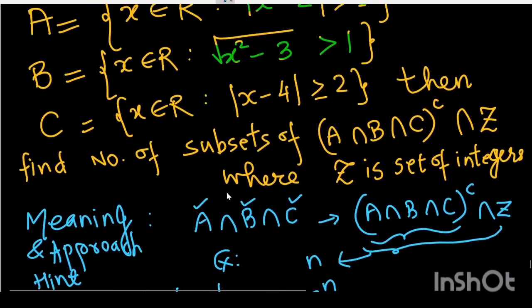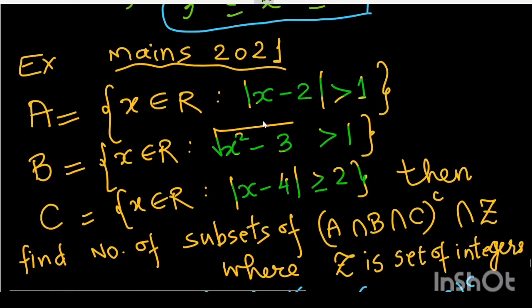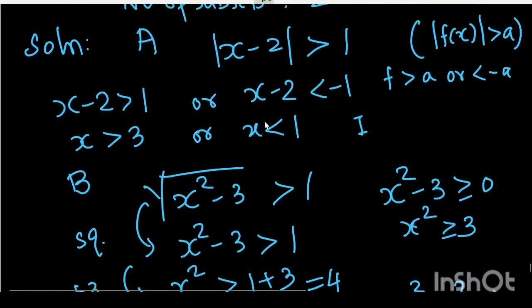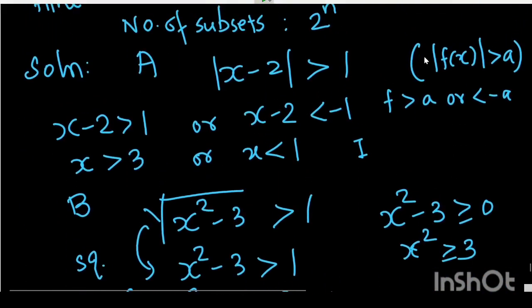Okay, now the third one, the set C. Set C, they are asking for mod x minus 4 greater than or equal to 2. So we will use the same formula that we used in set A, which is mod f x greater than a, f is greater than a or less than minus a.